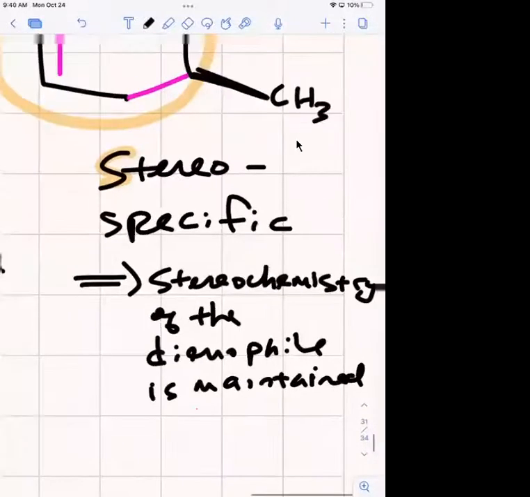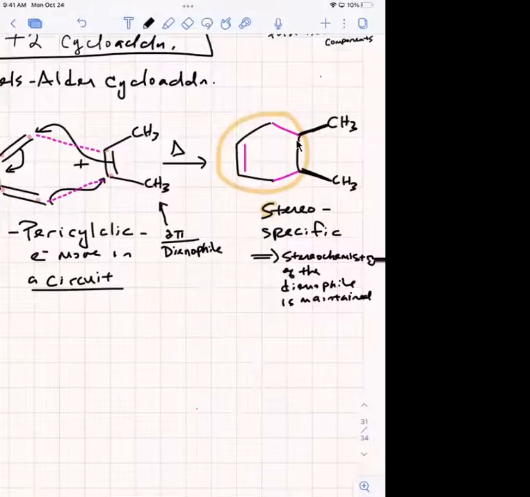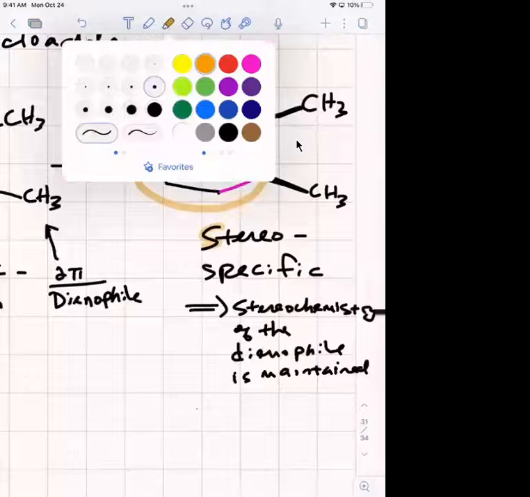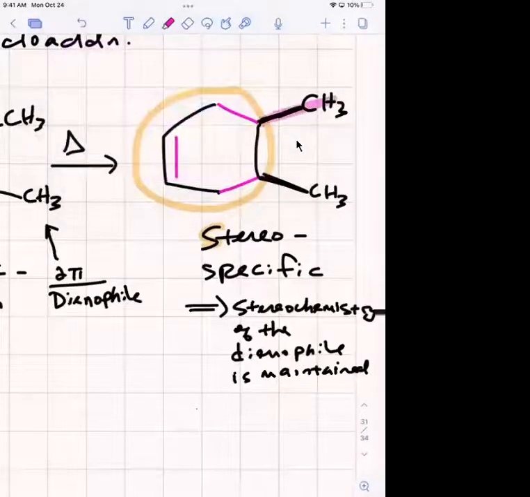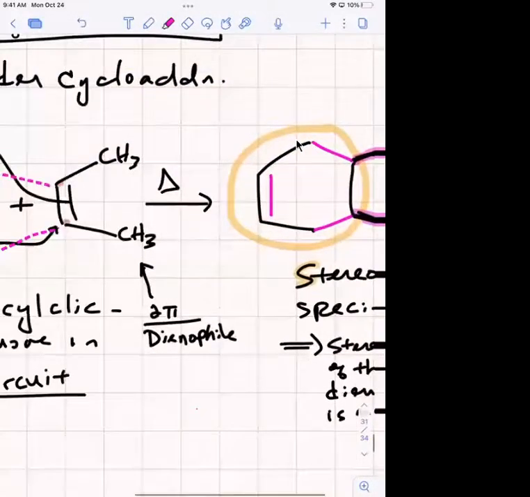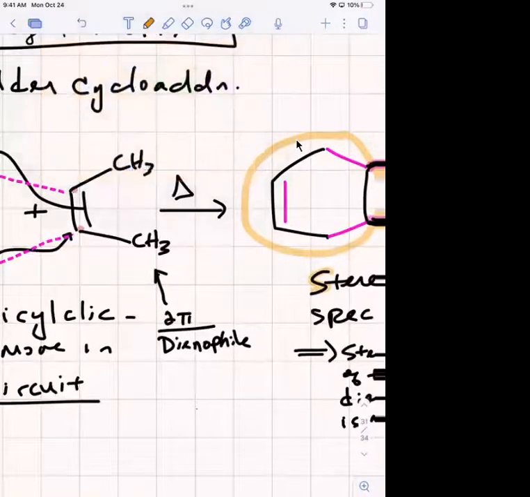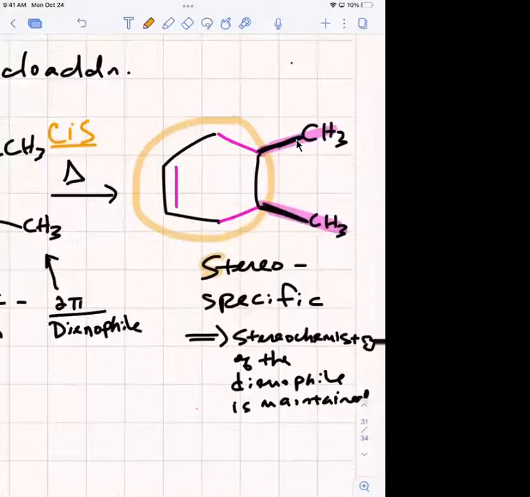Right? So if I start with a cis alkene or cis dienophile, in the product the groups that were on that alkene are also going to be cis, right? So we say that this is cis. Over here, they're also going to be cis.